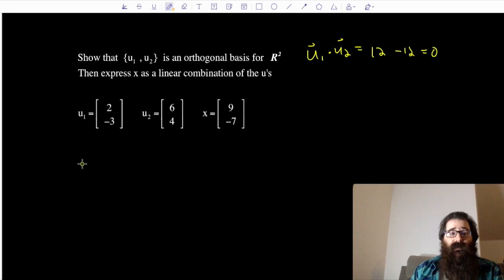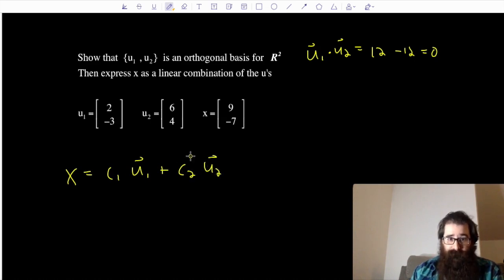And we're saying that we can construct x as some constant c sub 1 times vector u sub 1 plus some constant c sub 2 times vector u sub 2. Since this builds for me an orthogonal basis and a basis for R2, means I can take any vector in R2 and express it as a linear combination of these basis vectors.